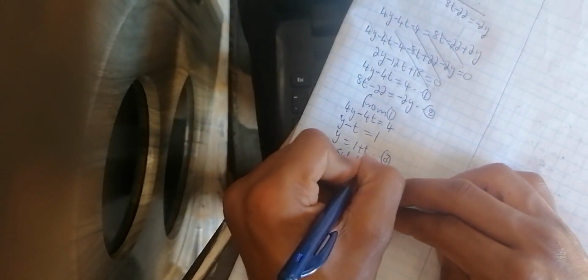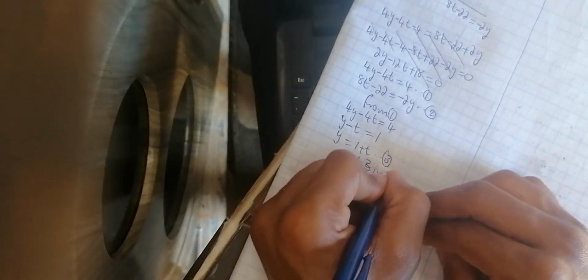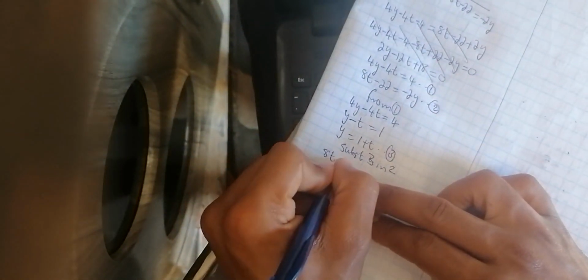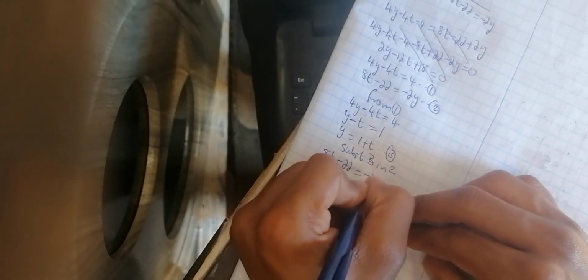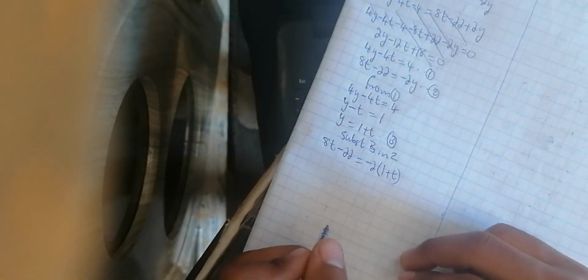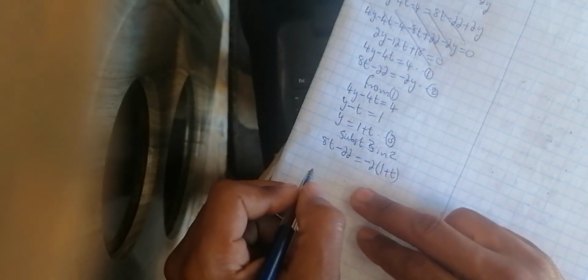I can substitute 3 in 2: 8t minus 22 equals minus 2 into 1 plus t. You might want to go and check the first tutorial we had in N2 mathematics in order to understand the simultaneous equations.